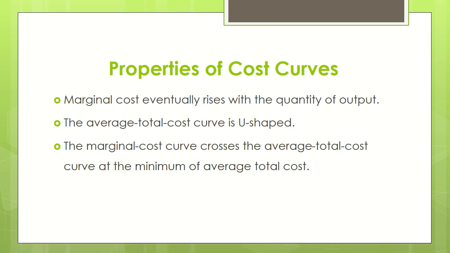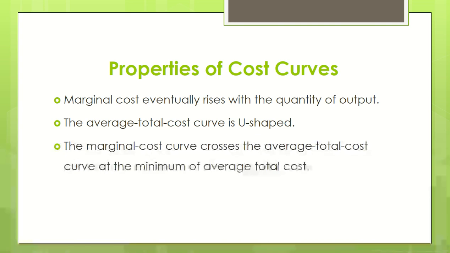As we discussed earlier, this U shape of the average total cost curve is because of the law of diminishing marginal returns, which says that with an increase in output, average cost declines, and when the total product reaches its maximum, average total cost is minimum, and when the total product is going to decline, the average total cost starts increasing at this point.